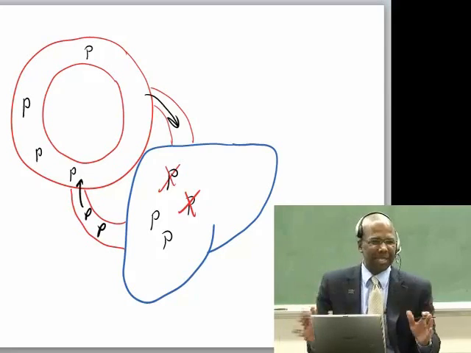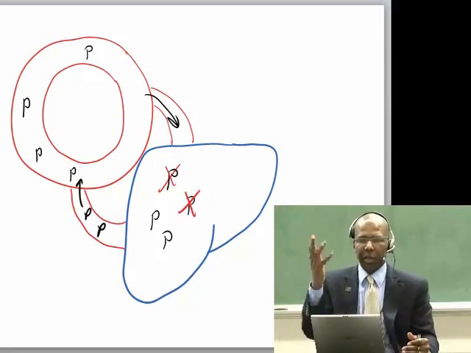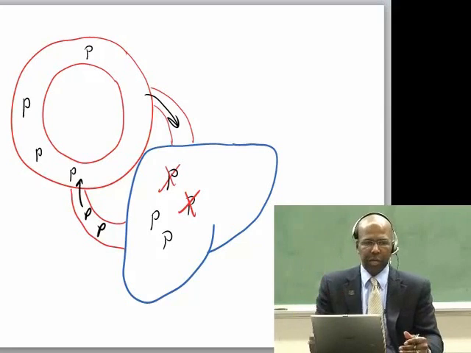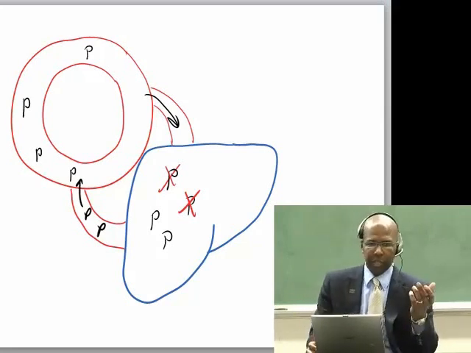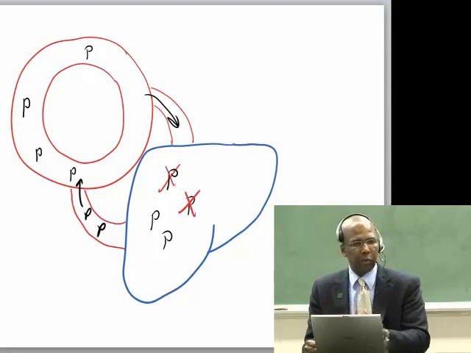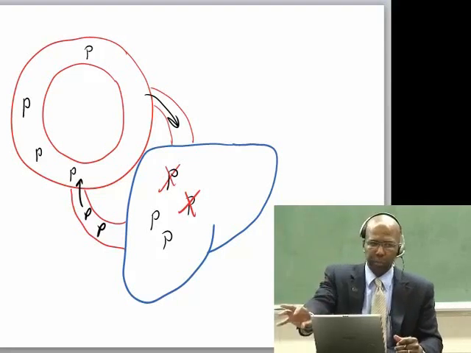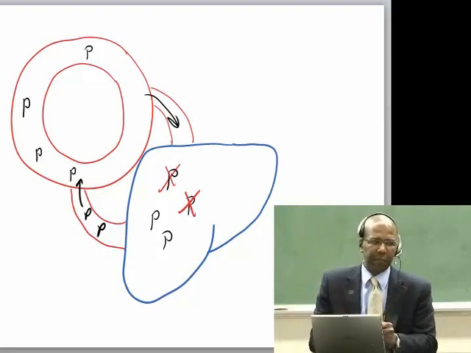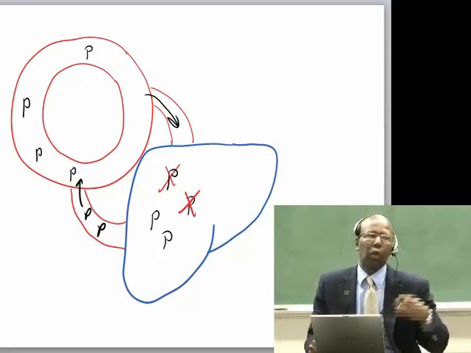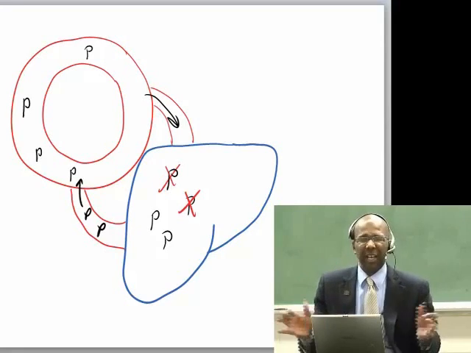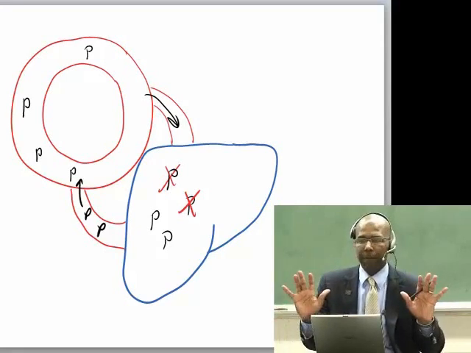Does that part make sense? You're going in your bloodstream, you're going to have old proteins and you're going to have young proteins. When those proteins go into the liver, it is going to find the old proteins and destroy them, and it's going to let the new proteins, the young proteins, go back into circulation. Does that make sense so far?